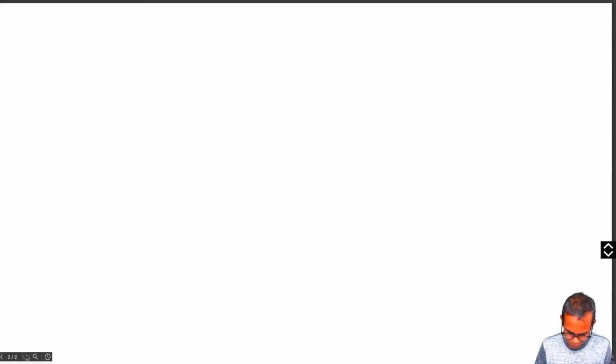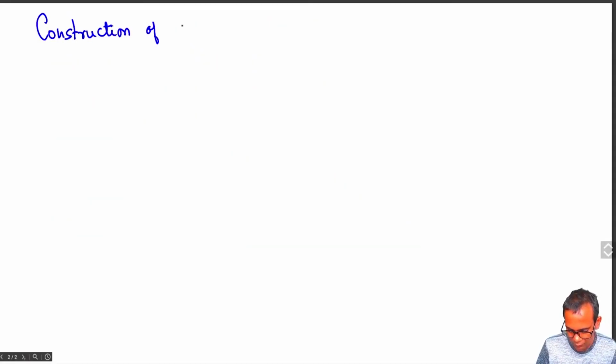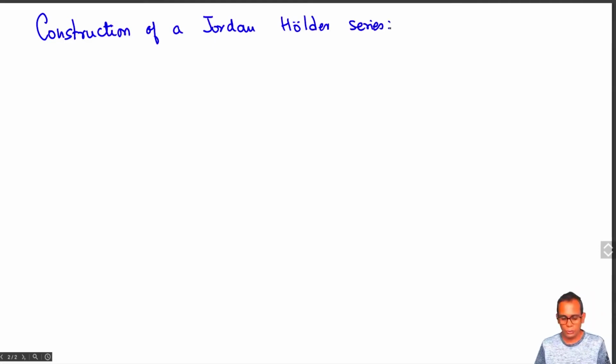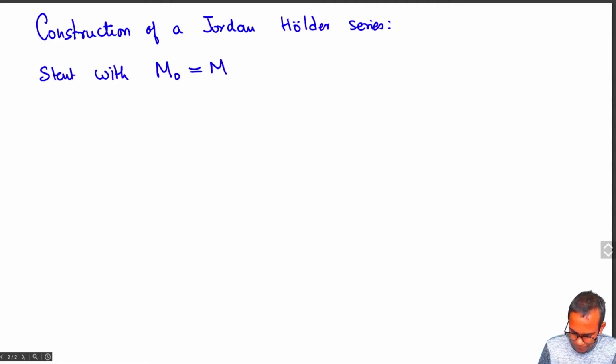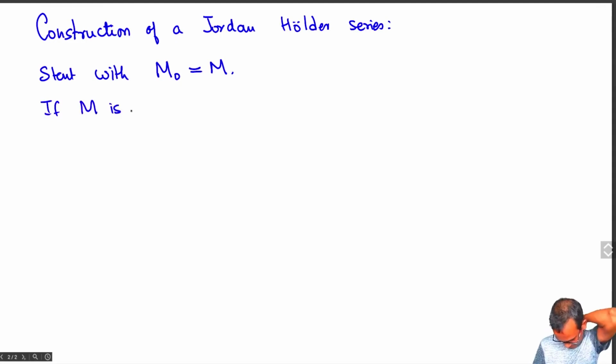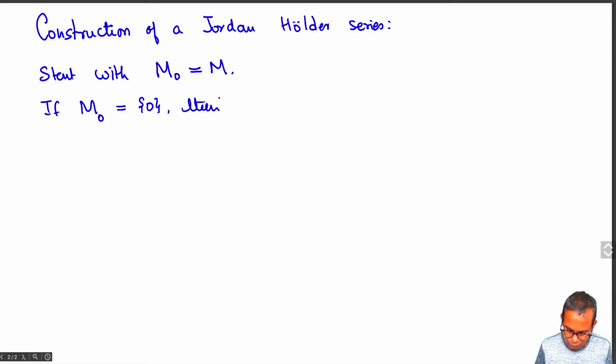Now the next stage, we can construct a Jordan-Holder series. So now we go to the construction of a Jordan-Holder series. So you start with M0 equal to M. Now at each stage what you do is, if M0 is trivial, then there is nothing to do.